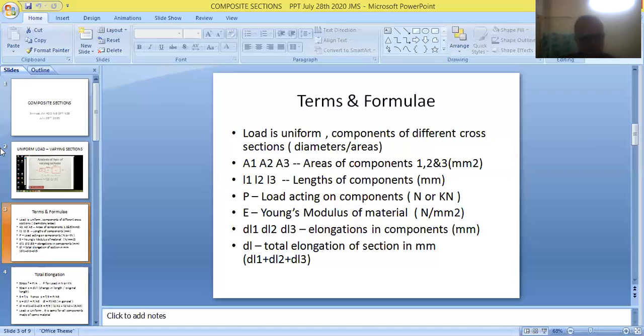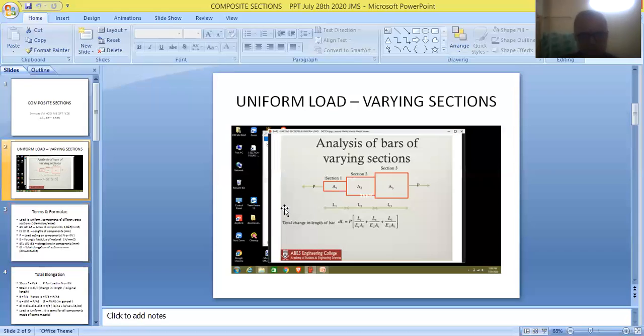Now friends, lastly, one more thing: the load is acting away from the section, so it is called a tensile load. If an item is subjected to tensile load, the length of the section will be getting increased.